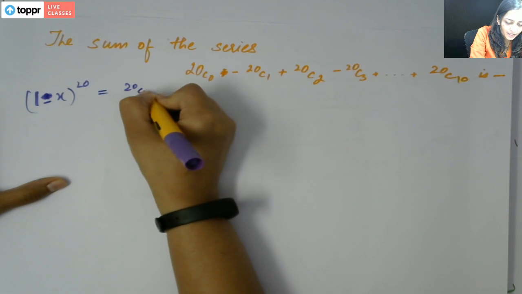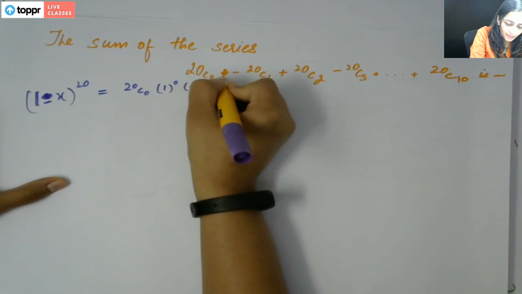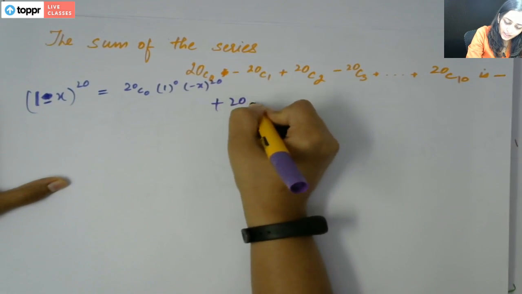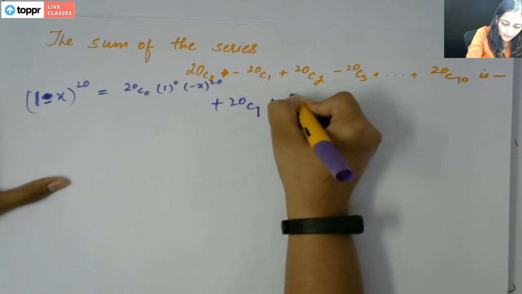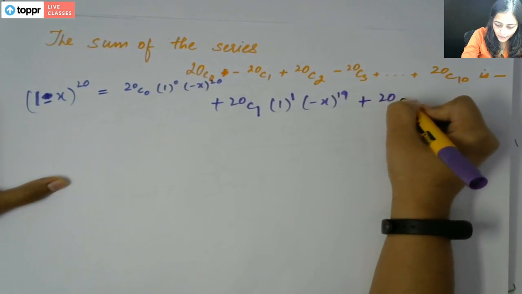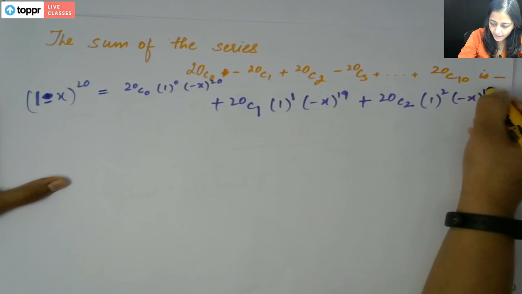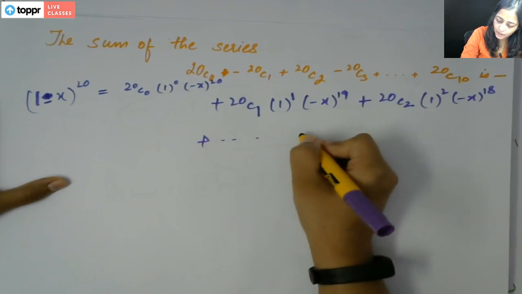You will get 20C0 1 raised to the power 0 minus x raised to the power 20, plus 20C1 1 raised to the power 1 minus x raised to the power 19, plus 20C2 1 raised to the power 2 minus x raised to the power 18. You will keep on expanding like this.